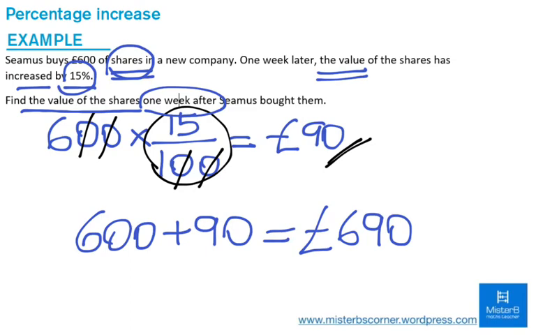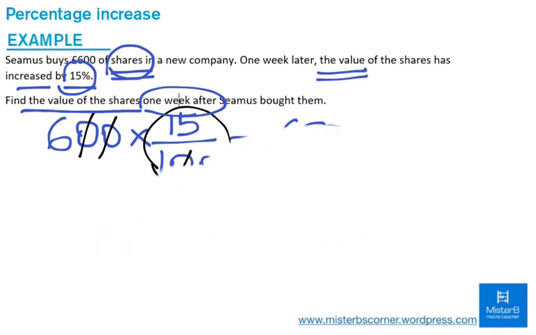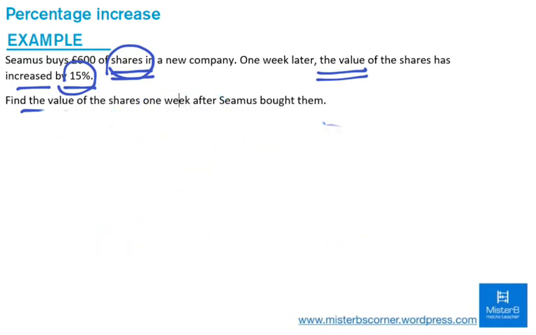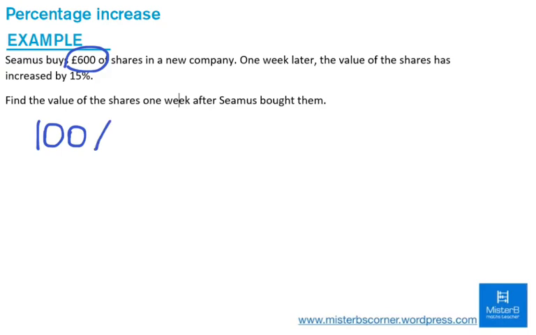Now this is a two-step solution, and I have another suggestion for you if you want. This is totally fine, you can use this way of solving, but we can also do this. Let's consider the 600 pounds of value as 100%, because that's what we started with.